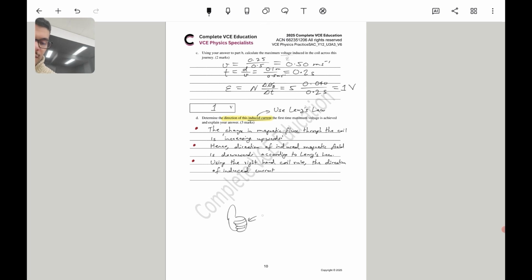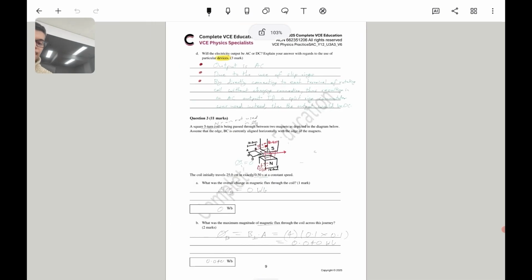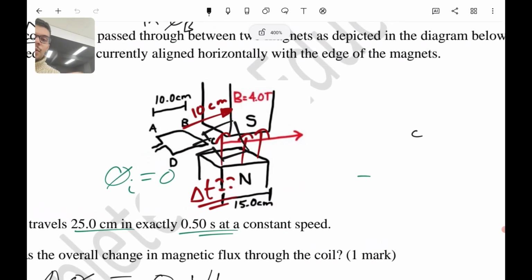The fingers represent the current and the thumb represents the external or the induced magnetic field. So the current is going to be flowing clockwise. And how do I know this?